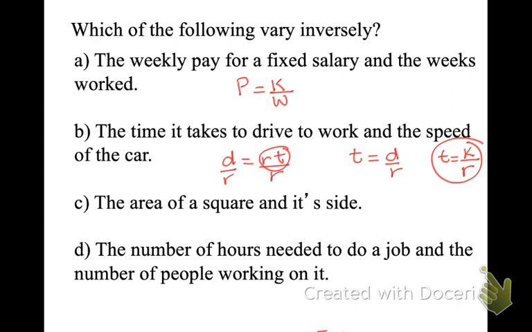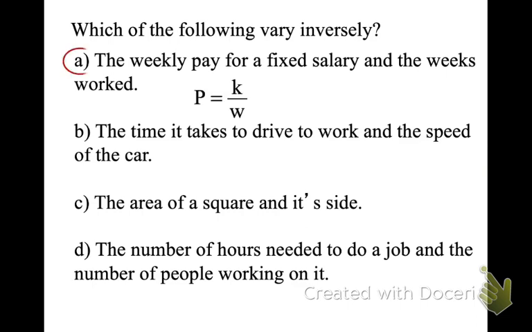Okay? The area of a square and its side. Let's go here. I don't think this would be because area is side squared. How about the number of hours needed to do a job and the number of people working on it?